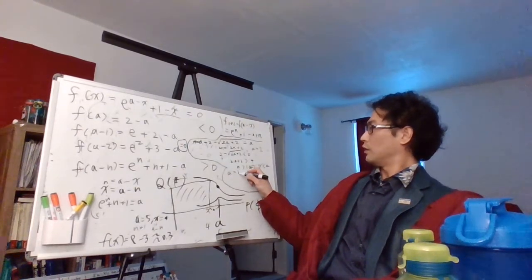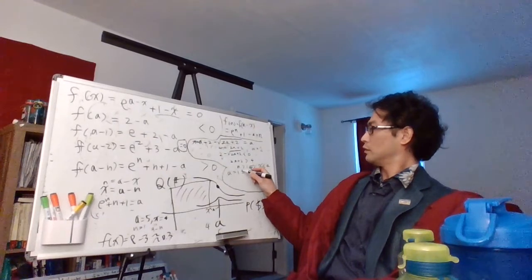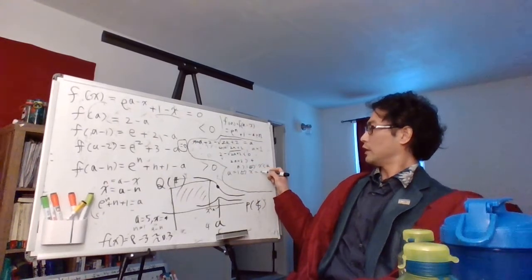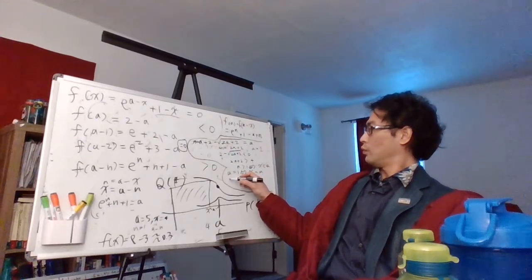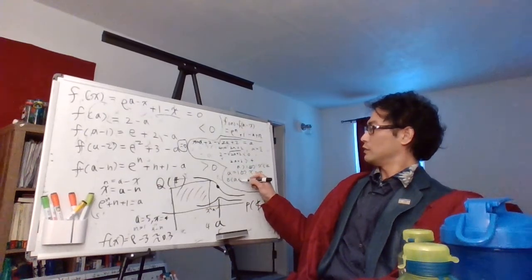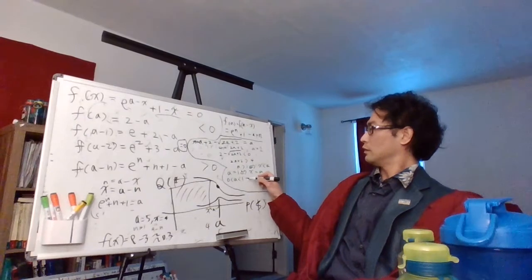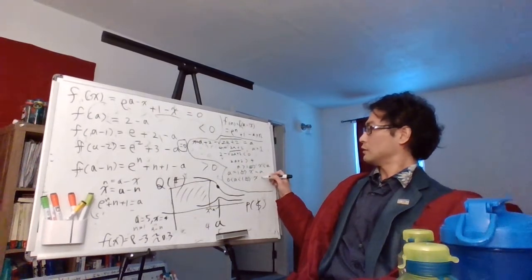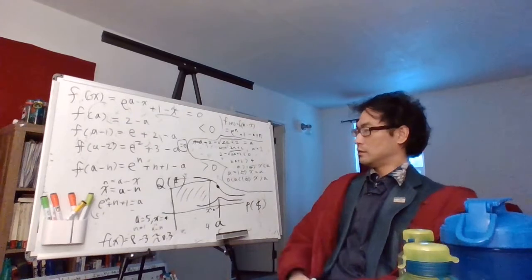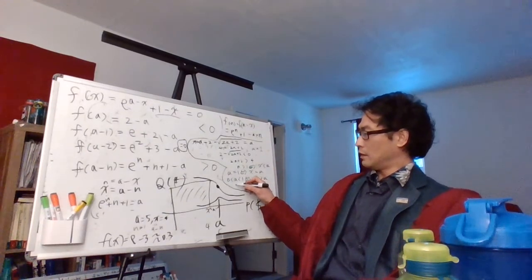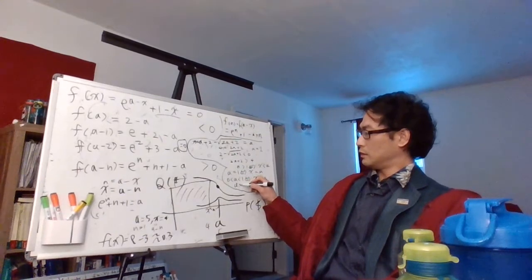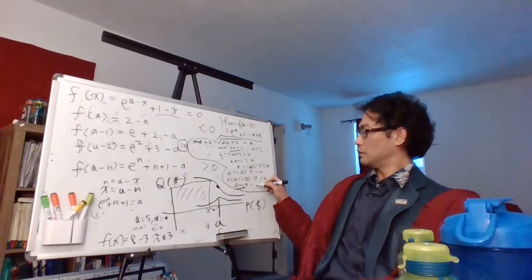When a is equal to one, x is equal to a. When a is between 0 and 1, x is larger than a. And the limit as a goes to infinity of x is equal to a.